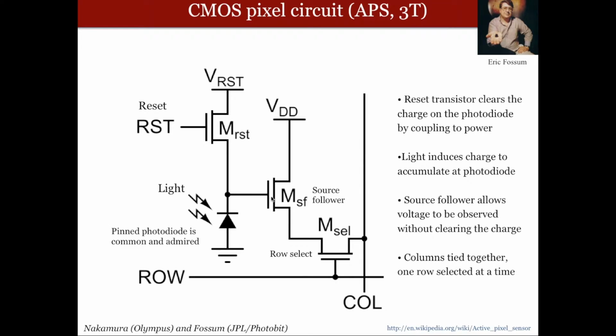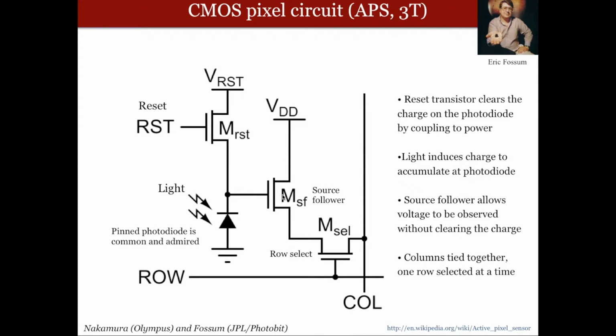Now, not everything always gets moved out, and before you start accumulating, you also need to clear out any residual charge. So the whole point of the circuit is to build it in such a way that you can first reset, and that's what this reset transistor is, so that when this transistor operates, it clears out any unwanted charge, and then as the charge accumulates, this is the read transistor.